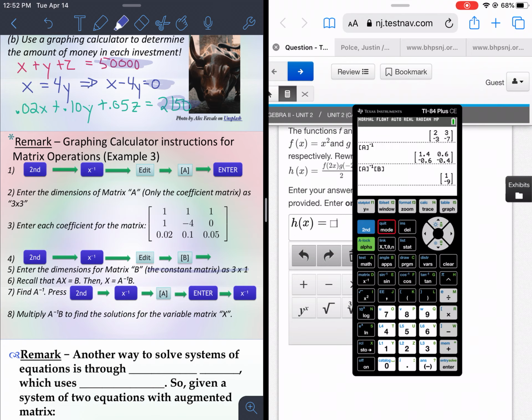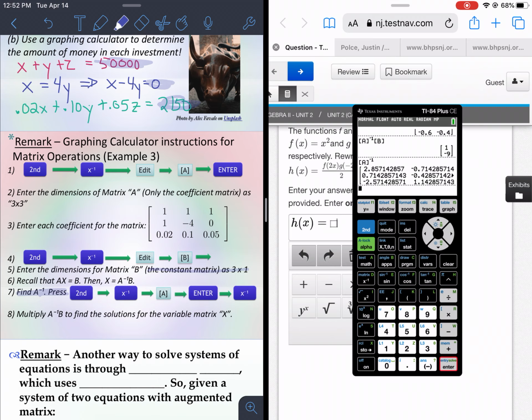So now I'm on number 7. Let's find A inverse. Second matrix A, enter, and then press that inverse button. That little gem right there is a lot of work to find an inverse without a calculator.